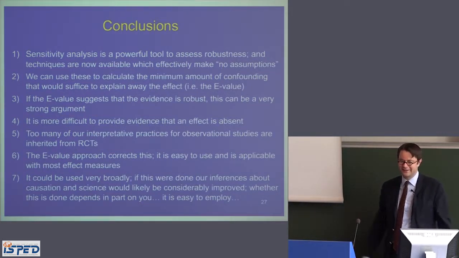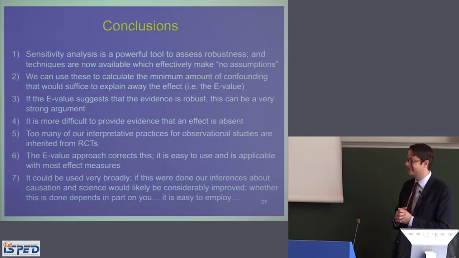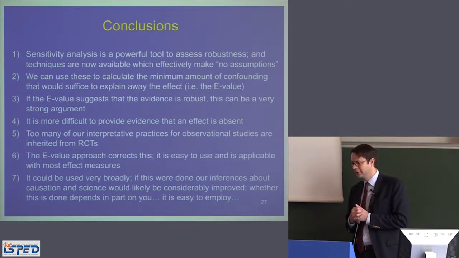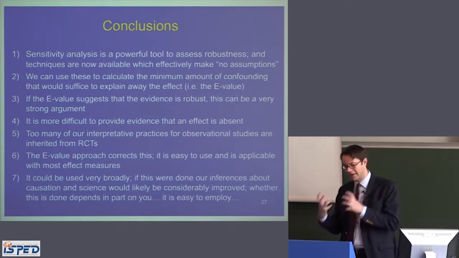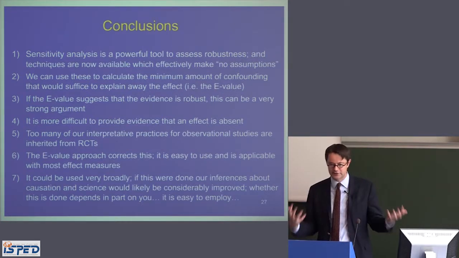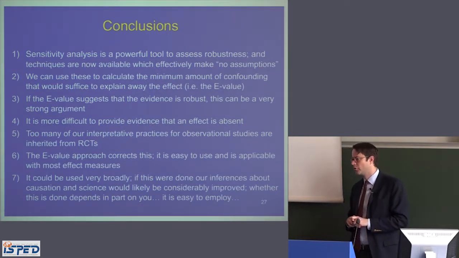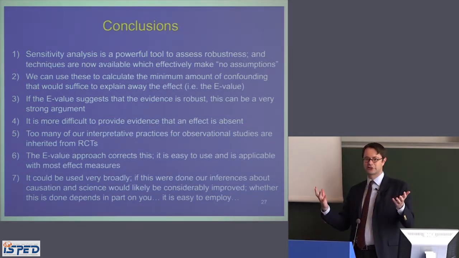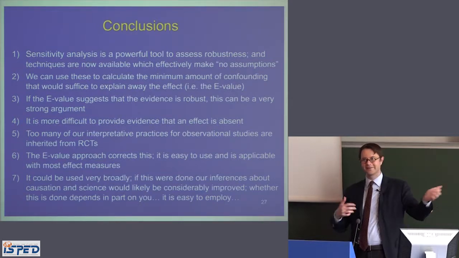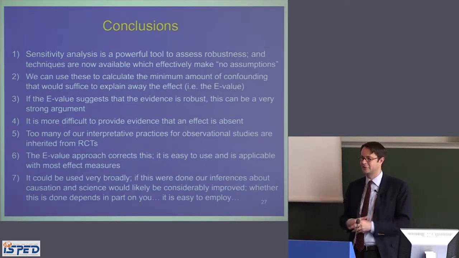So in conclusion, we've seen that sensitivity analysis techniques, I think, are a very helpful tool to assess sensitivity or robustness to potential unmeasured confounding. This is a problem in all observational studies. I think it needs to be taken more seriously. Too often epidemiology is criticized for having a result one day and then the next week another study that seems to contradict it.